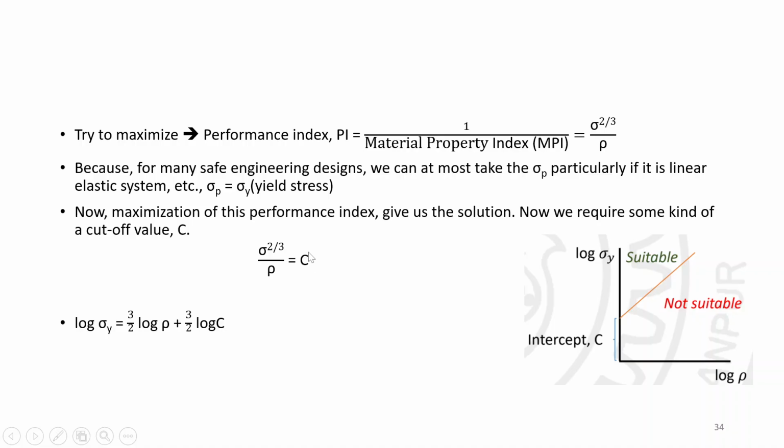So we put it equal to some constant and take log on both sides. So you will get this equation, and by solving similarly to the previous one, we have the intercept. This particular region will not be suitable, and above this region will be the materials which will provide light weight.